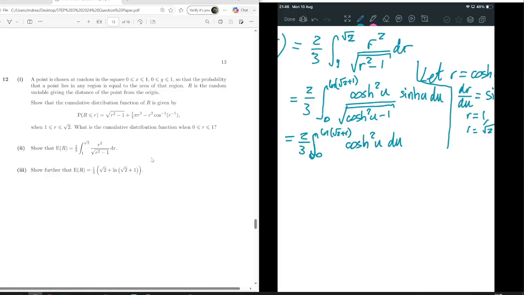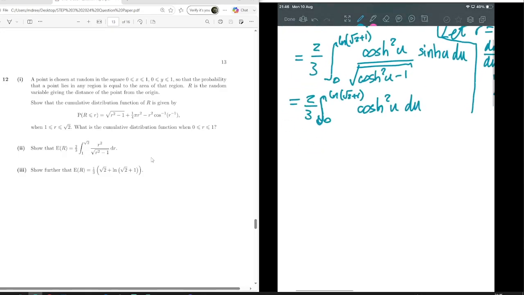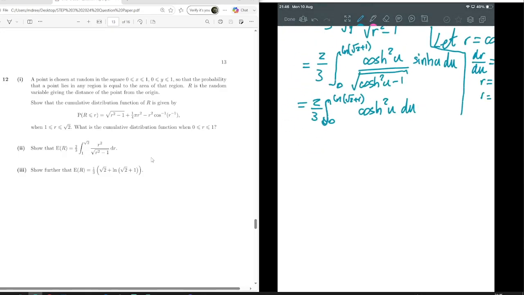I now have a choice. I can try and use some hyperbolic identities, or I could rewrite this in terms of exponentials. I've got a feeling that I want to use exponentials, because the nice thing about exponentials is when I sub these things in, they just do nice things. So I'm going to go into exponentials here. So cosh itself is a half e to the x plus e to the minus x.